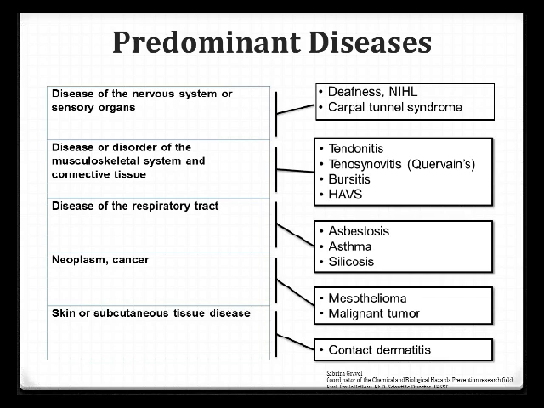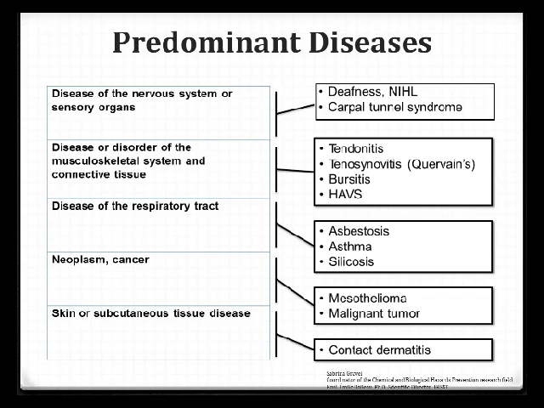So what are some of our predominant diseases? So we've got diseases of the nervous system or the sensory organs where we have hearing, so our noise-induced hearing loss. If we look at our data with respect to compensation costs across Canada in particular, we know that hearing aids as a compensatory response to exposure in the workplace are one of the highest cost items within the compensation system.